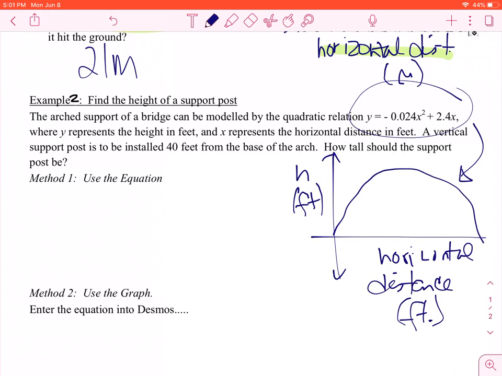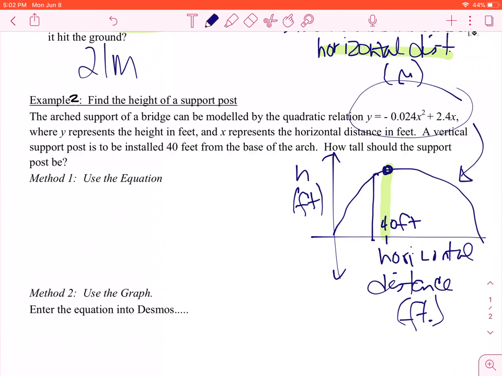Now, a vertical support post is to be installed at 40 feet. If this is 40 feet, think there's going to be a vertical support posted here, and we want to figure out how tall this support should be. We can do it in two ways.